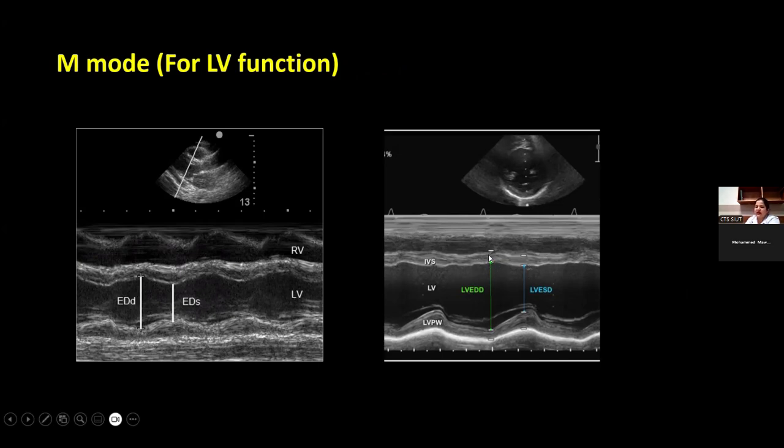This is the interventricular septum. You have to measure from the maximum diameter from here, and this is the posterior wall, and this is the anterior leaflet of the mitral valve. You don't have to put it on the anterior mitral leaflet. You have to place it down till the posterior wall, and this is the pericardium.